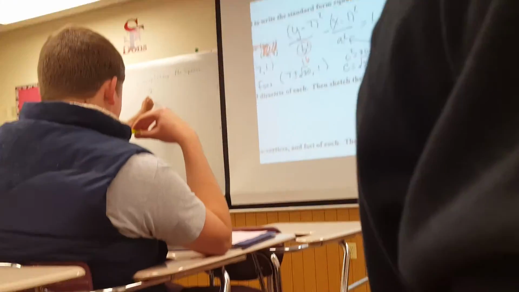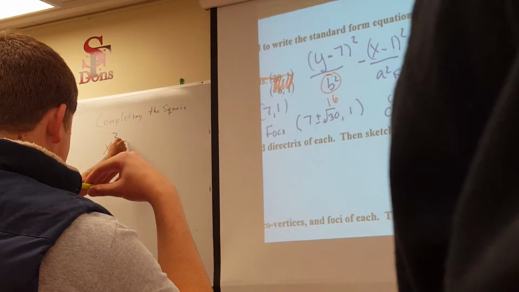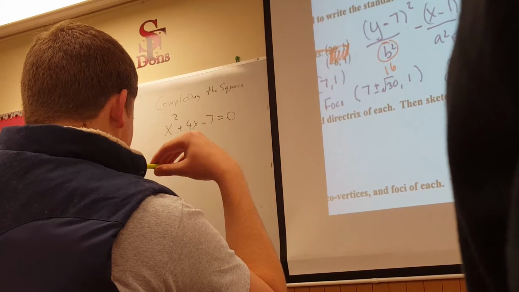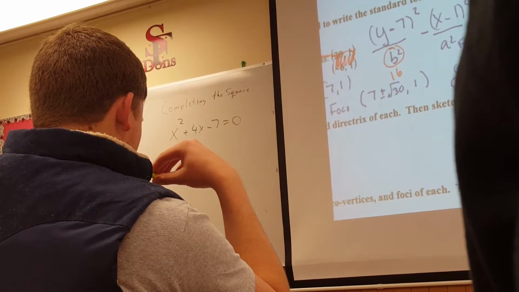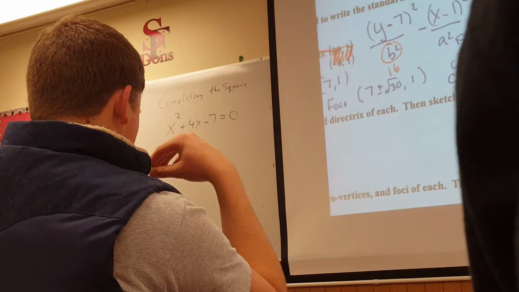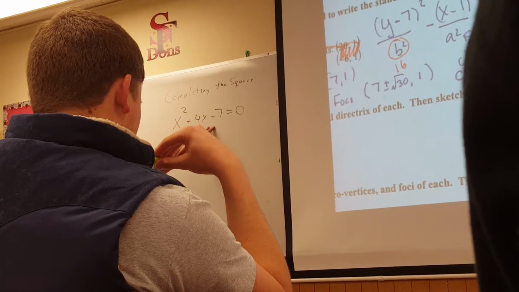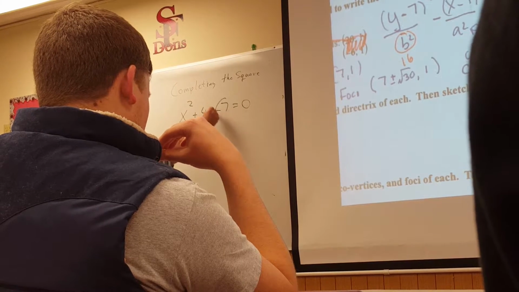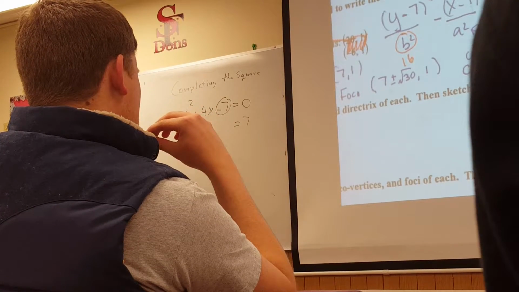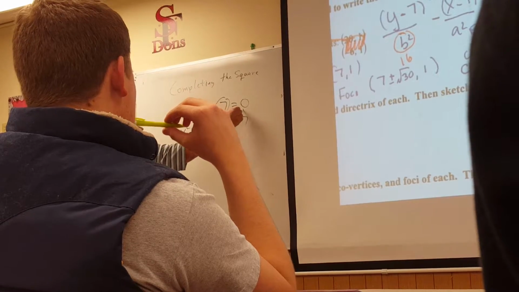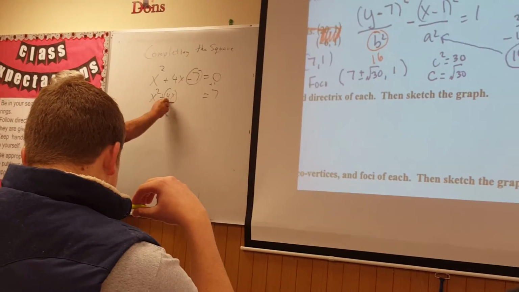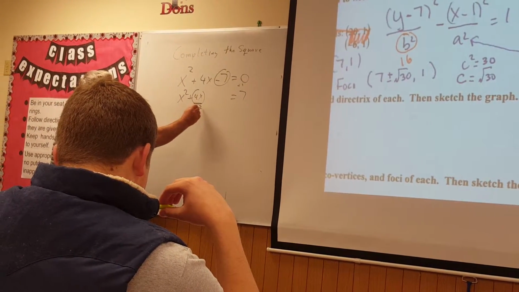If you had x² plus 4x minus 7 equals 0, you would have to do the quadratic formula to solve that. But if we complete the square, you would take the 7 and add it to the other side. Okay, so I'd add 7. Now, what we do to complete the square is we take half of the x term, 4, which is 2, and then you square it.